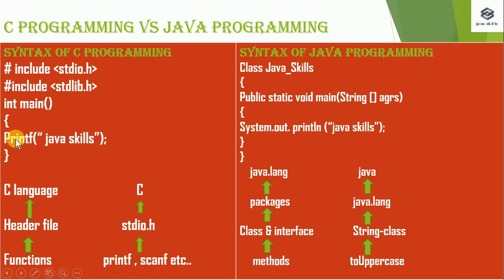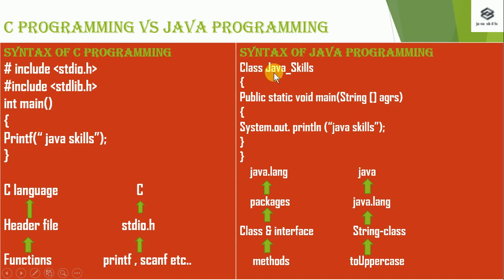In Java, as we know, Java is a class-based language. Everything we have to write within a class. Some people ask a question: why does C programming contain a header file, but Java doesn't contain a header file?